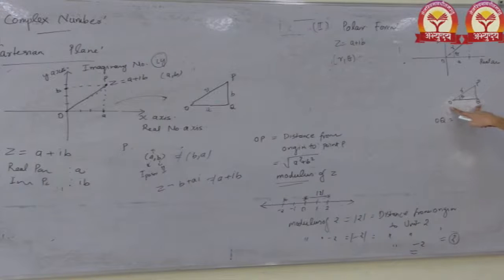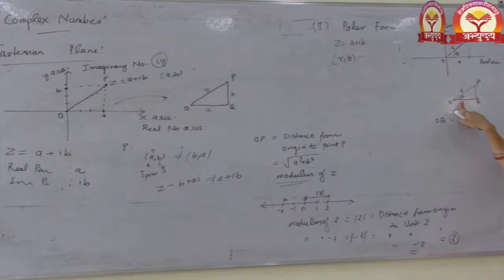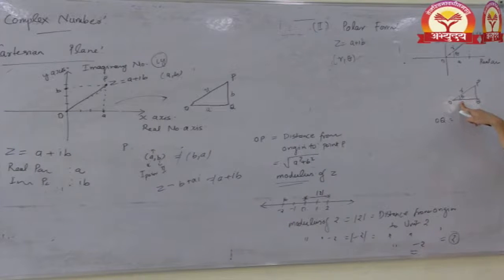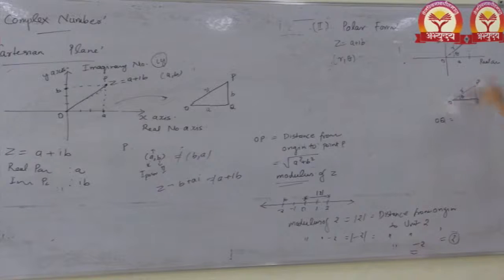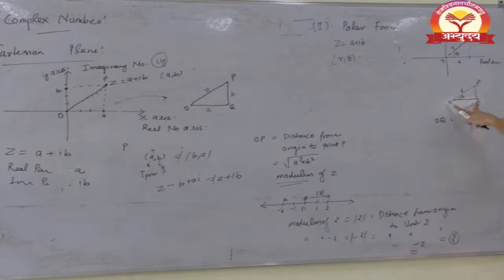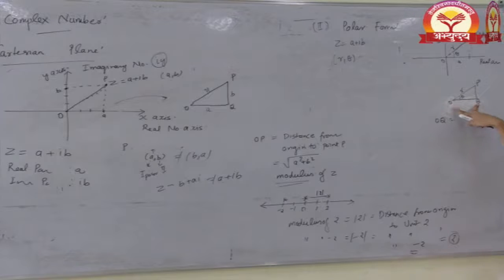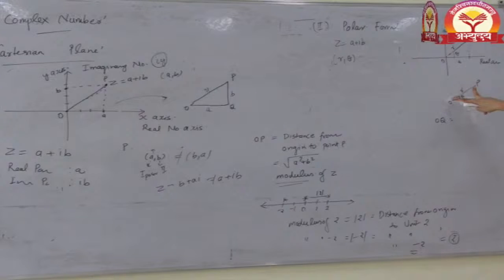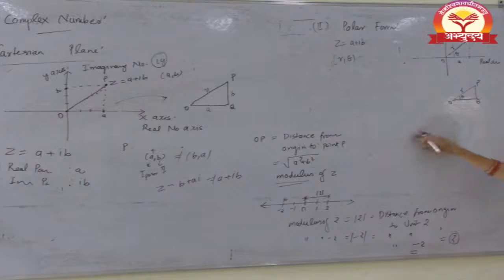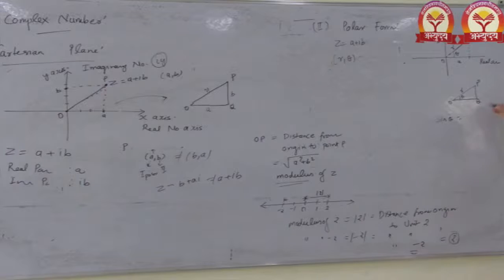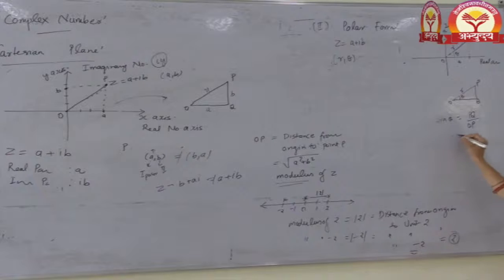You know the formula, sin theta is the perpendicular upon this OP. If you take the base, we can use sin and cos. Cos theta is OQ upon OP. And sin theta is PQ upon OP.